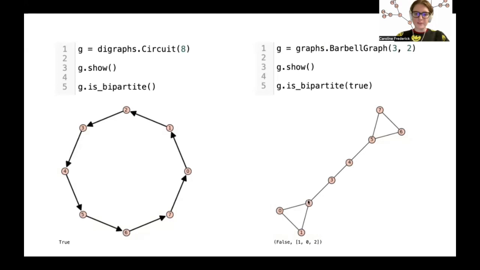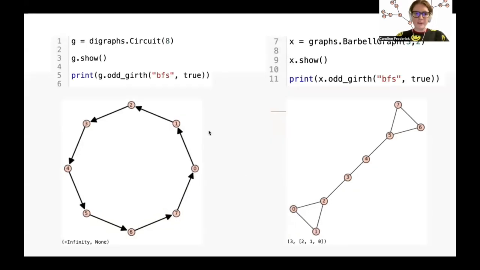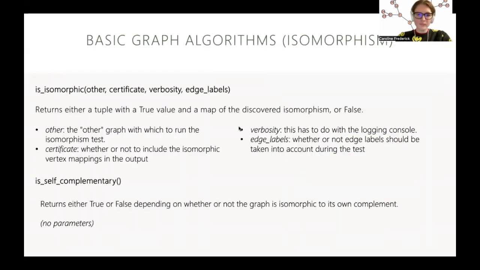And here we have 1, 0, 2 for a cycle, and that is an odd cycle. And here we have the odd girth method, and we see that it returns infinity when the graph is bipartite. So that's another way to tell. And here it prints the length of the cycle we saw in the previous slide.